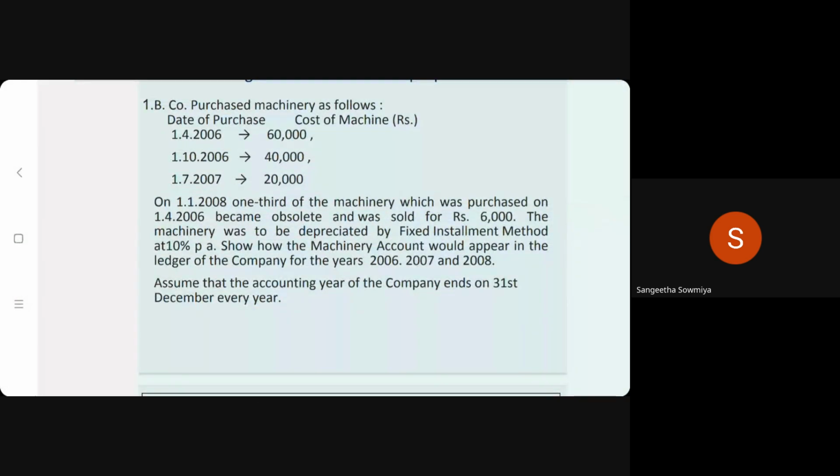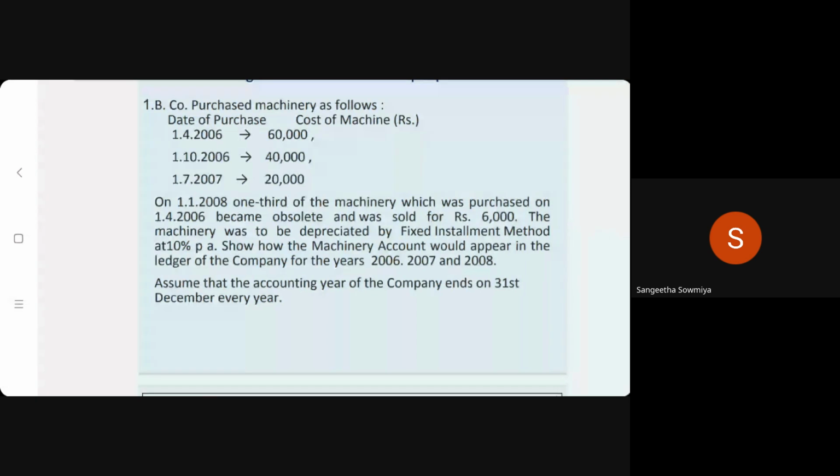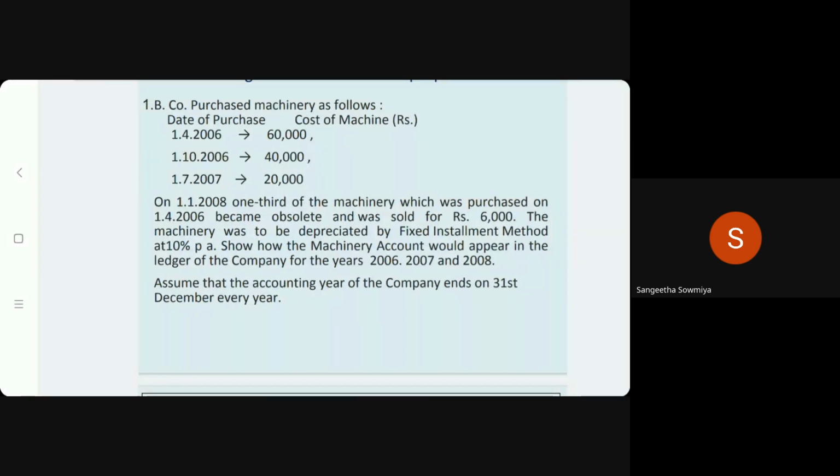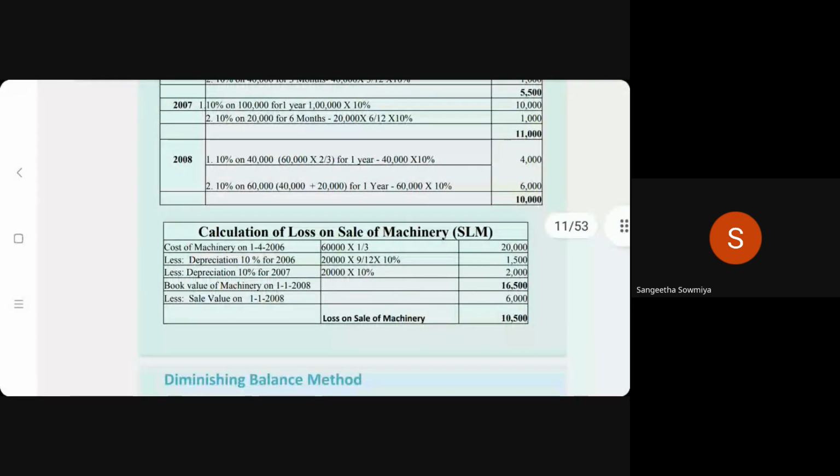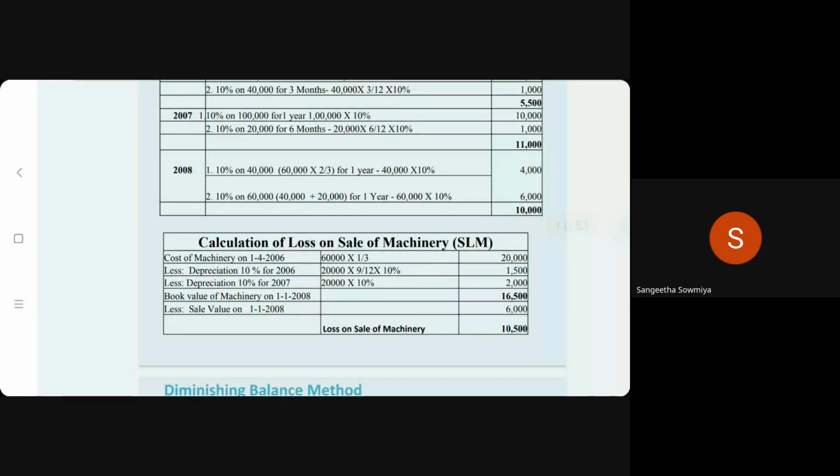Now you have to find out what is the book value of the 1/3 machinery. The cost value of the 1/3 machinery is how much? 20,000, right? So what is its book value? See here, I have calculated it in the adjustments. Cost of the machinery on 1/4/2006, 1/3 is 20,000. In 2006, you have calculated depreciation, that is 1,500 for the 1/3 machinery.